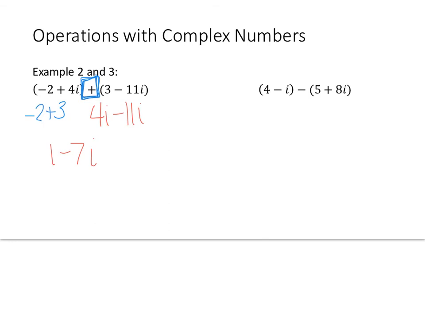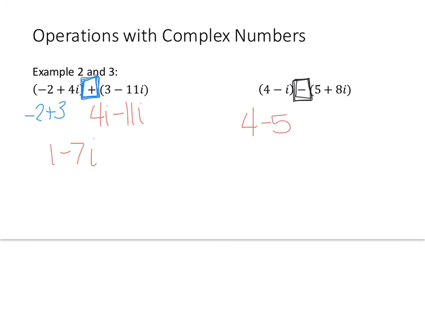So again, these i's work just like x's do. They work just like any other letter or variable. For the second problem, this is actually a subtraction problem. So instead of adding all of my pieces together, I'm going to subtract. So again, my real parts are 4, and I'm subtracting 5 from it.